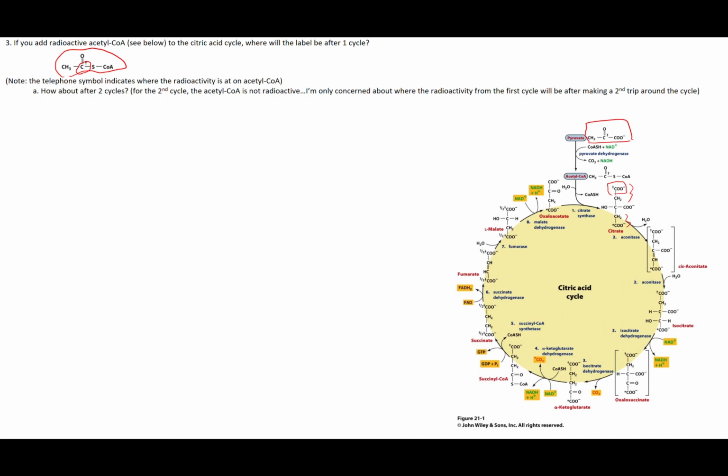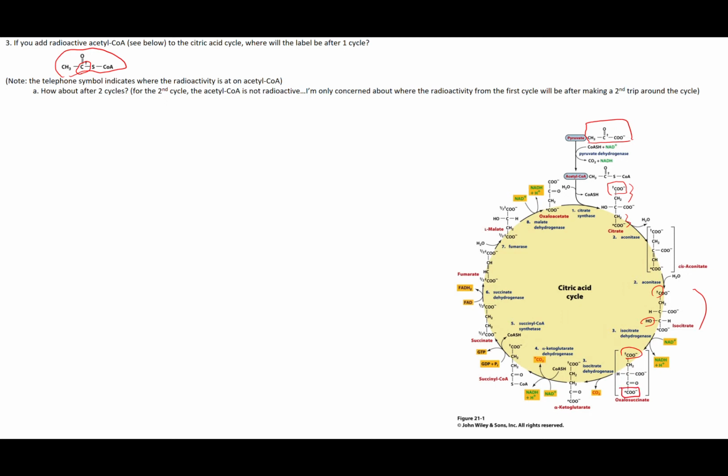Now when we do the next chemistry, making isocitrate, the alcohol moves away from our radioactive label, so it's moving towards the other side. Then that alcohol gets oxidized. Our label is still up here. We lose this carboxylate down here as CO2.